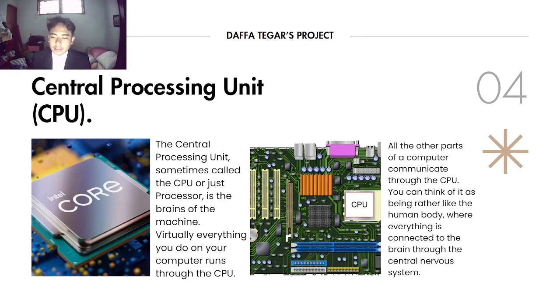Everything you do and run on the computer goes through the CPU. All other parts of the computer communicate and interact under the control of the CPU.